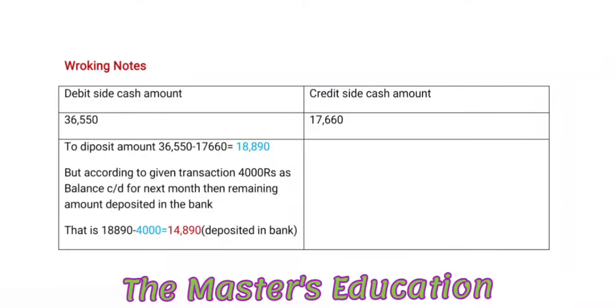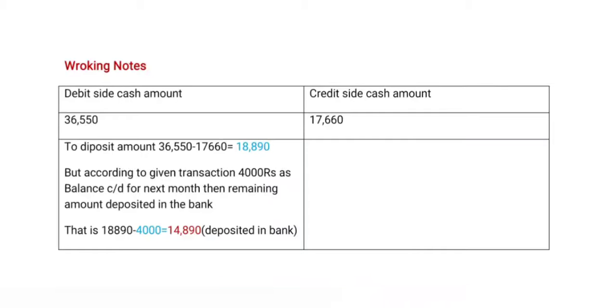The total amount is 36,550 on the debit side. This amount should be written on the debit side and credit side. Here credit side total cash is 17,660 rupees. Then according to the given transaction, the 4,000 should be written as balance carried on. The remaining amount should be deposited into bank.